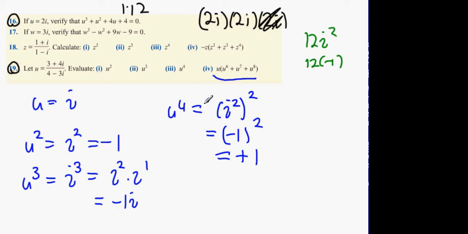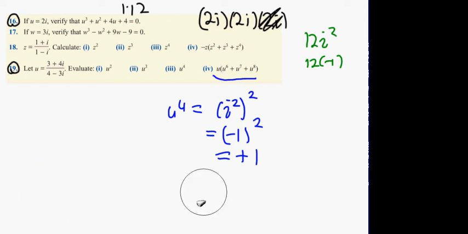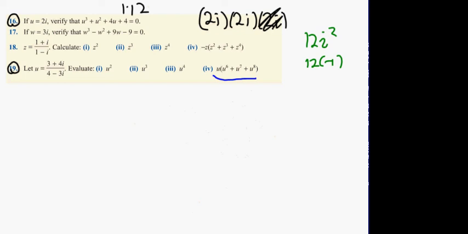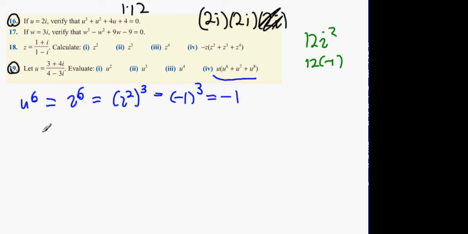Part 4, you're going to have to figure out what u6, u7 and u8 are. Okay? So, I'll just get rid of all this for a second. Now, u6 is an even number, which makes it quite easy. u6 is i6, and i6 is i squared to the power what? 3. Which is minus 1 to the power 3, which is minus 1.